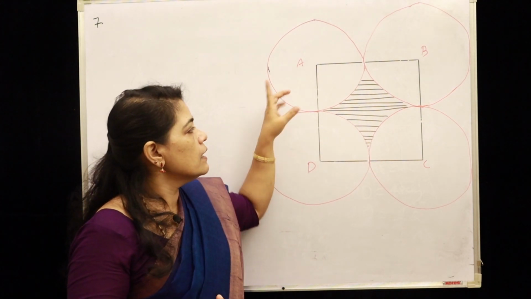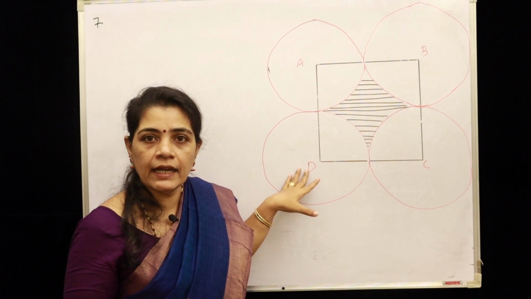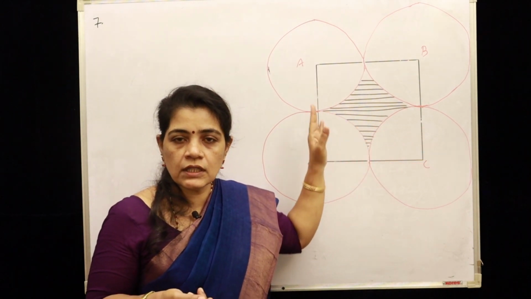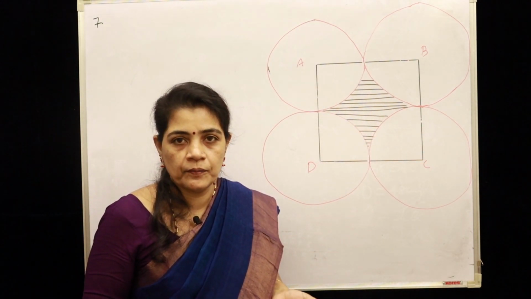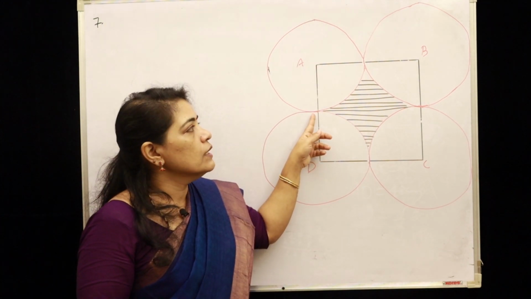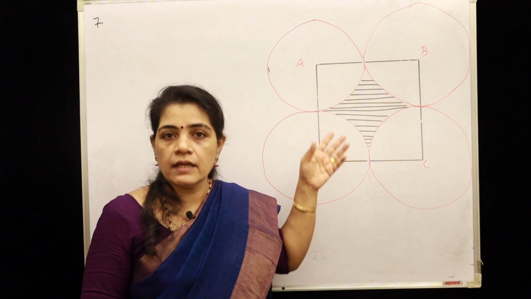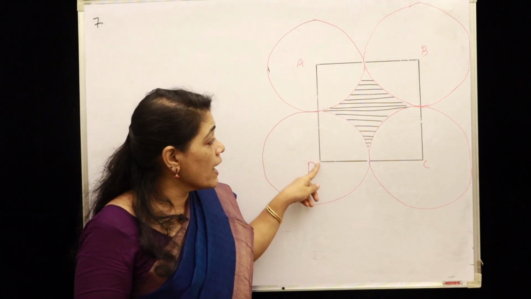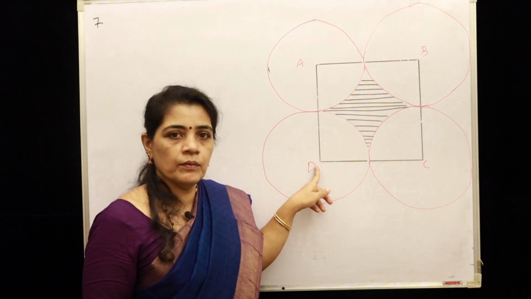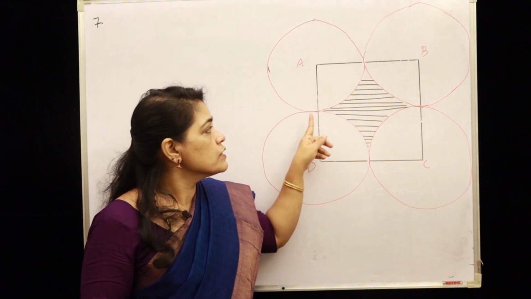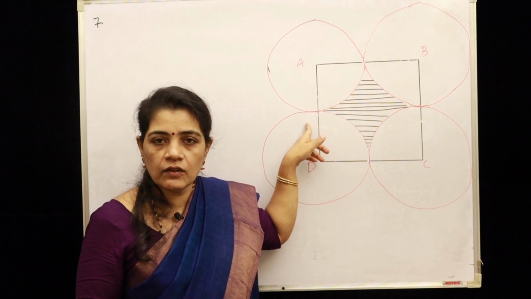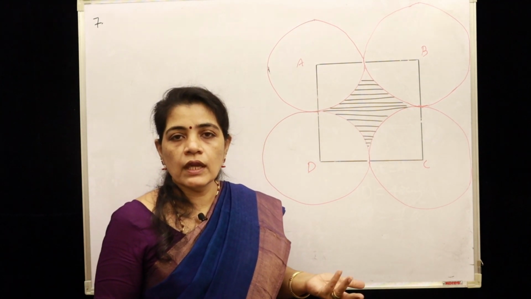That means here the sides AD or AB, all the 4 sides are equal, it being a square. So r is nothing but half the side, or the diameter will be the side, so if you divide this side by 2, you will get it.